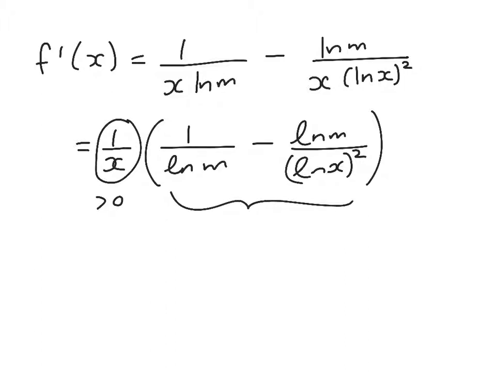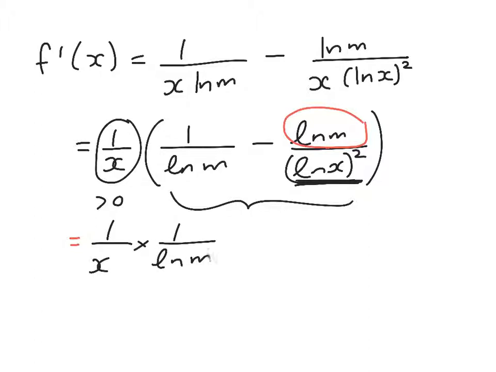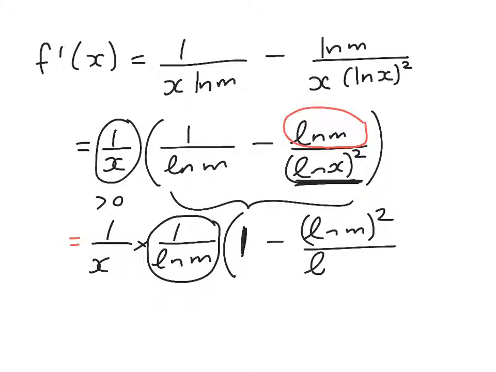So we can see we've got a log of x squared here. We can force in a squared thing up here if we do this: 1 over x times 1 over log of m. And that means here I've just got 1 now, and because I've timesed in 1 over log m, if I do this here, that all works fine.